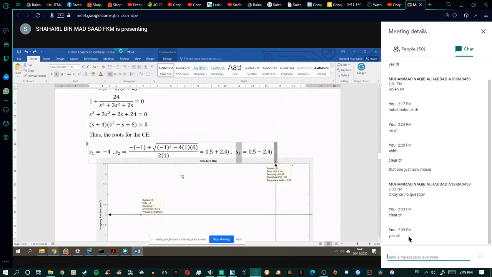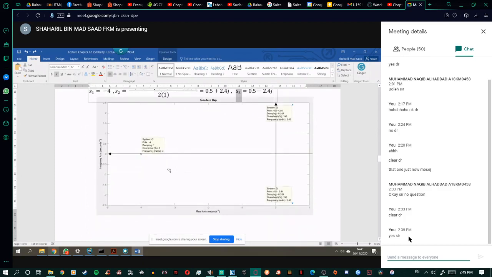Then when you plot it, you find that one of the poles is at the left of the imaginary axis, but another one is at the right. So tell me, is your system stable or not? In this case, unstable, right? Because there are roots located on the right side of the imaginary axis. One is located here and one is located here. So that means your system is not stable.